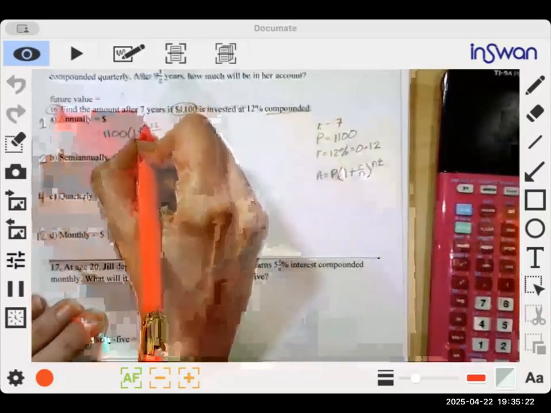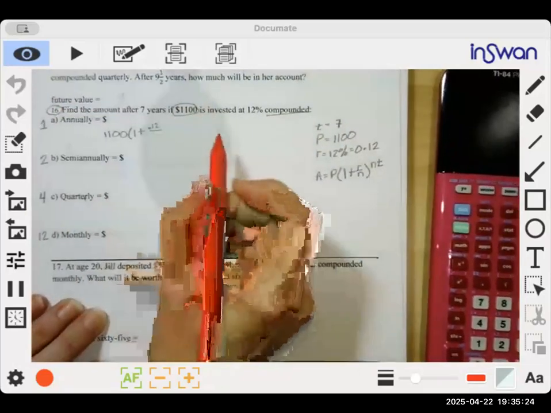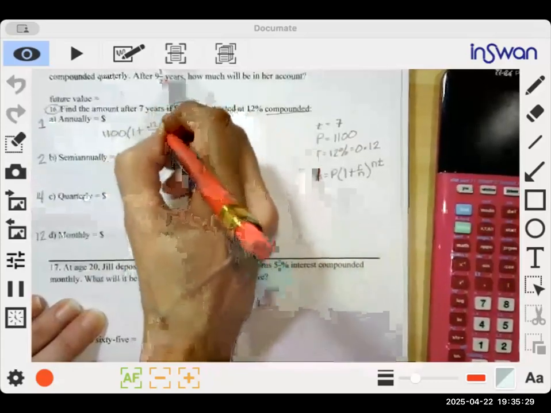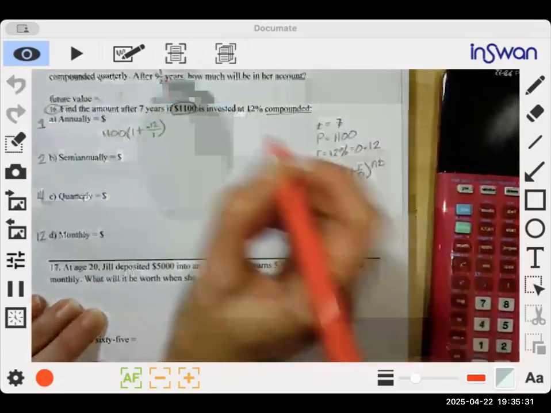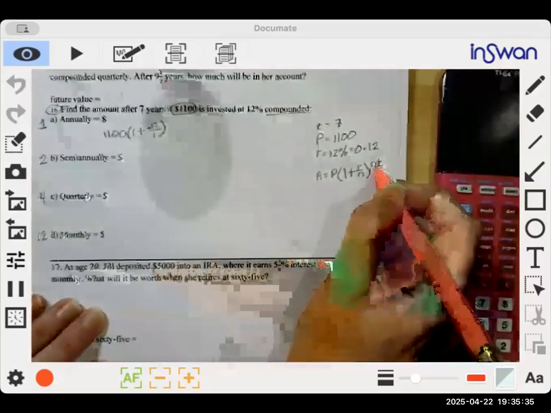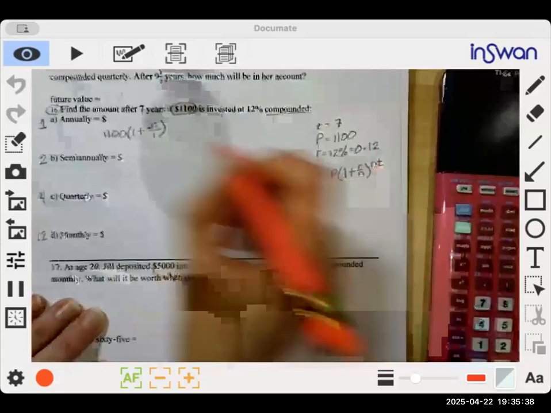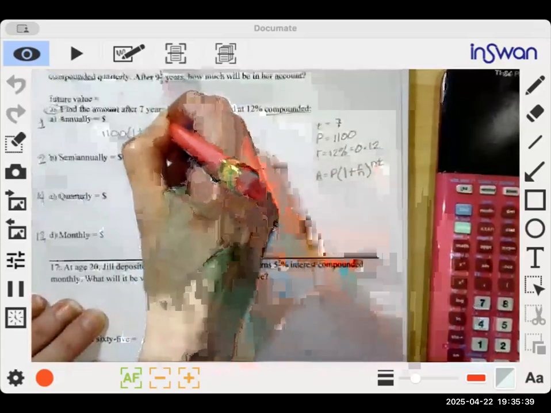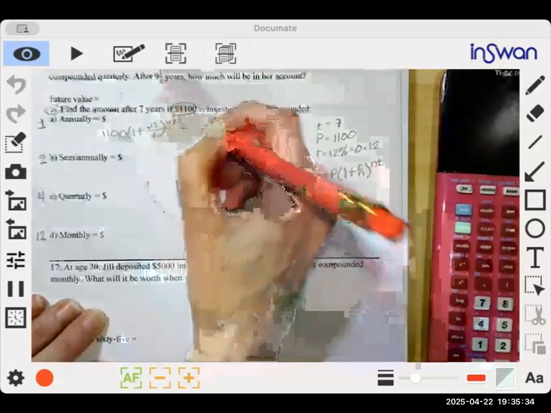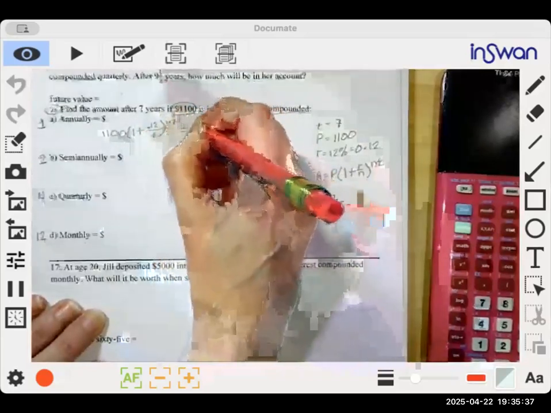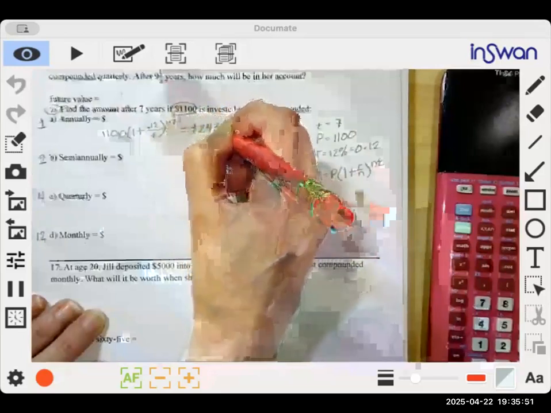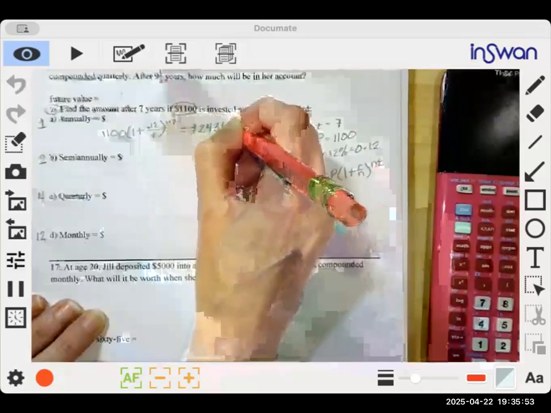It's being compounded annually, so this is 0.12 over 1. And then compounded times our time, so 1 times 7 years, so 1 times 7, or just 7. Doing that in the calculator, you'll get 2431.75.